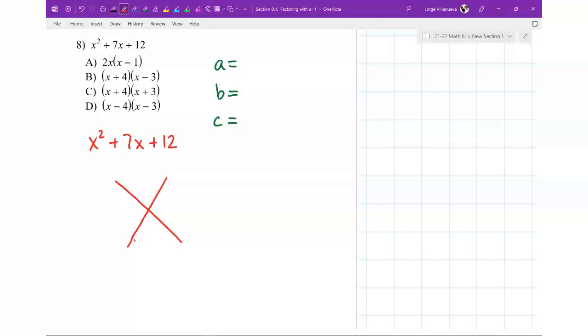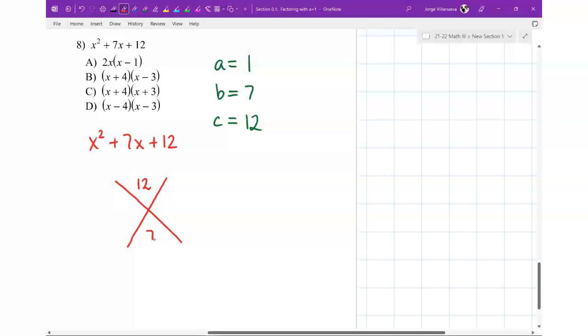All right, so we know my A term is 1. What's my B term? 7. And C? 12. Okay. So, on the top of that X, we're supposed to do A times C. So that's 12. And on the bottom, you're supposed to do your B term. That's a 7.